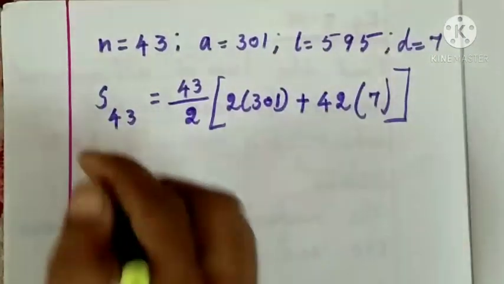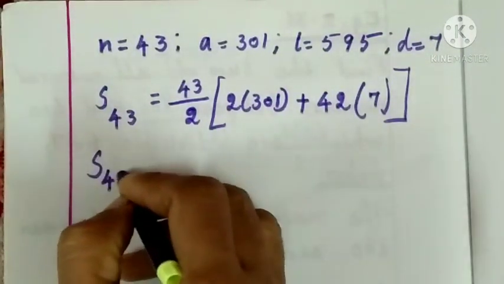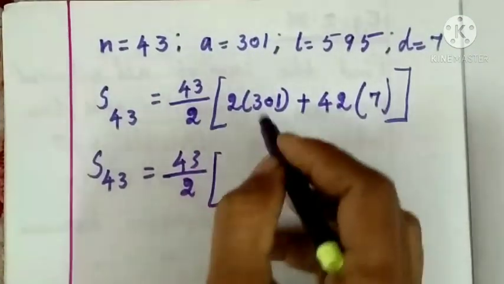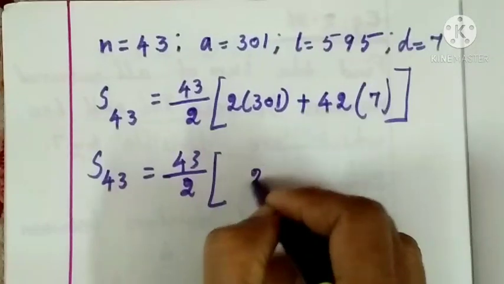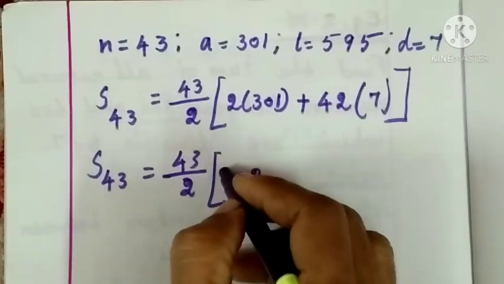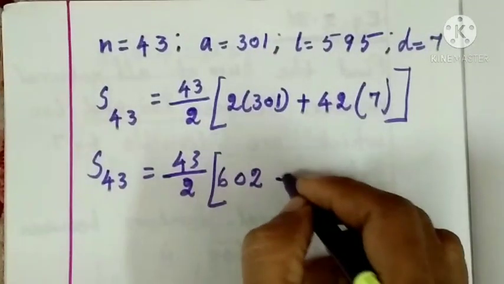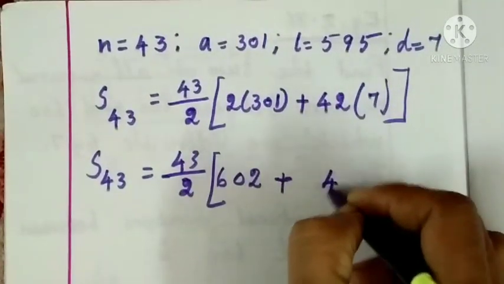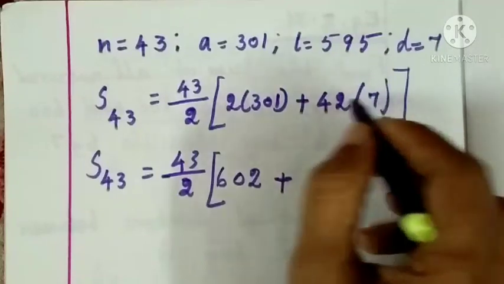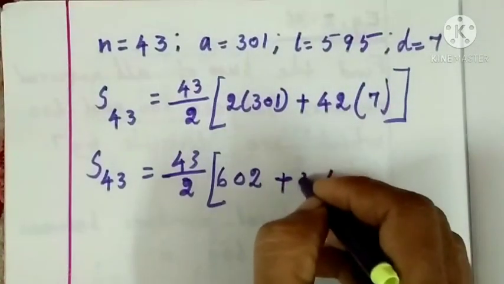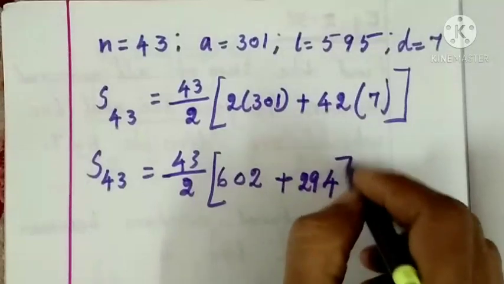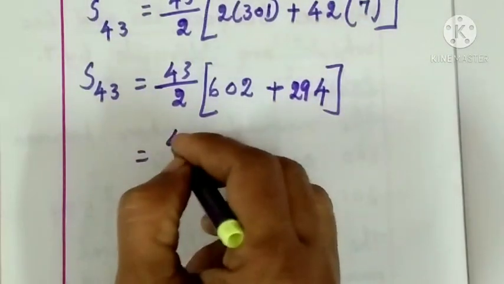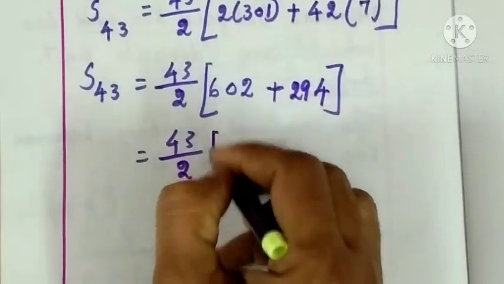Now simplify: S43 is equal to 43 by 2 into (2 into 301, 602, plus 42 into 7, which is 294).